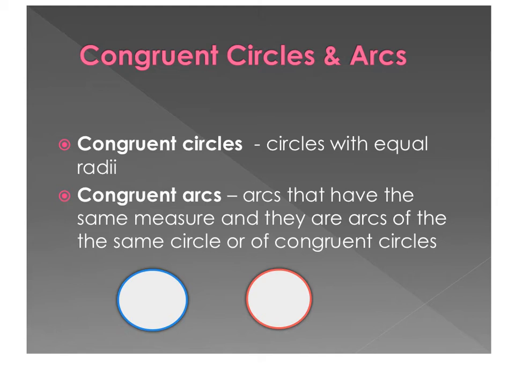As soon as I label them with the same radius length, I know that these circles are congruent. These would be congruent circles.